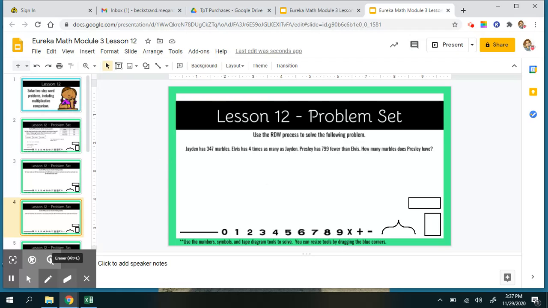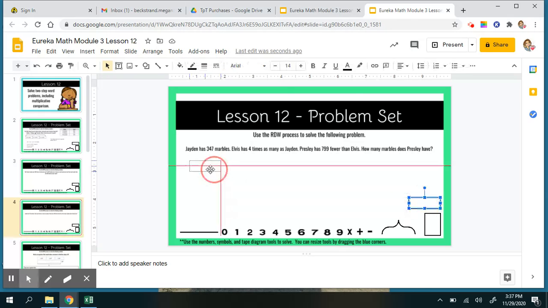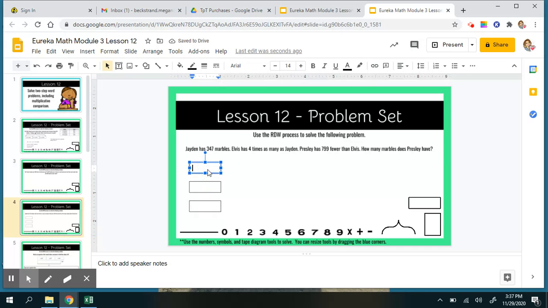Okay. So first we're going to have to show what do we have, right? So we have Jaden. We have Elvis. And we have Presley. And we know something about each of those already, right? We know that Jaden has 347.